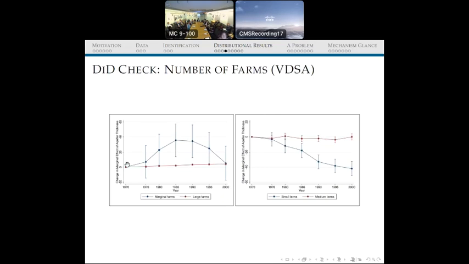When I do this difference-in-difference check, it looks like the effect of being on a thick aquifer becomes stronger for the number of farms who are marginal over time, and then actually becomes weaker. So a non-linear effect becomes slightly stronger with large farms, but very little. And for small and medium farms, it becomes more negative, or at least for small farms, it becomes more negative. So this is, I would say, in line with what you're getting here, right?